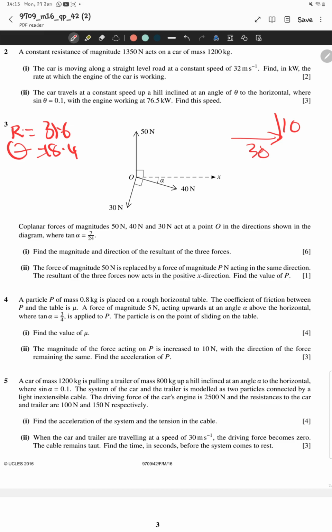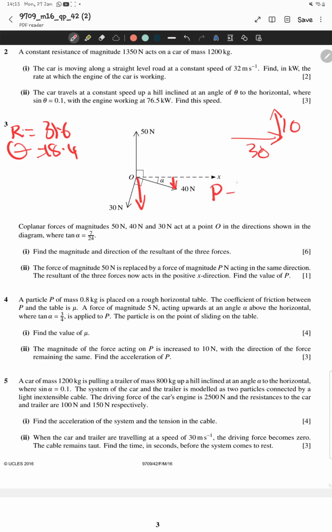We found that their vertical components added together were equal to 40. We already calculated that because the resultant force upwards was 10, right?